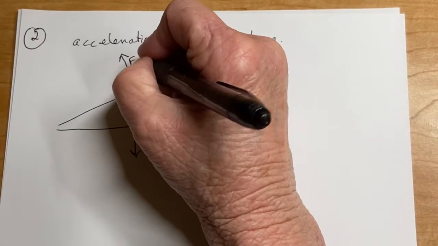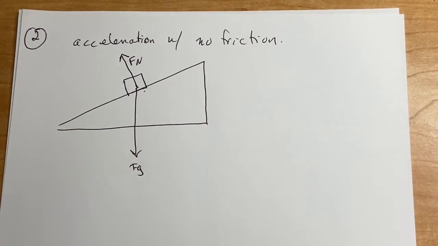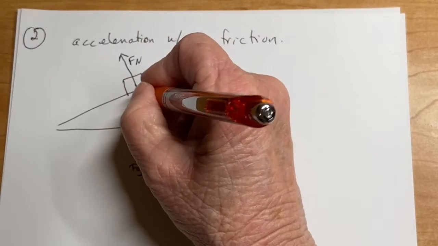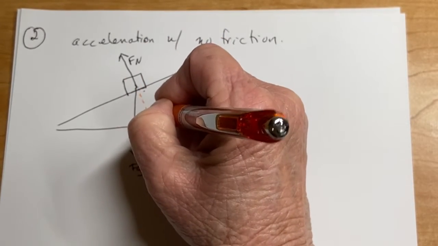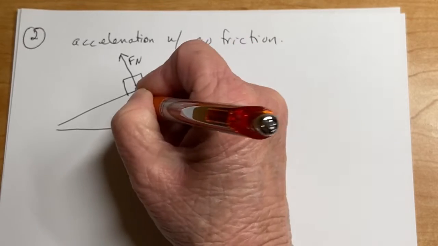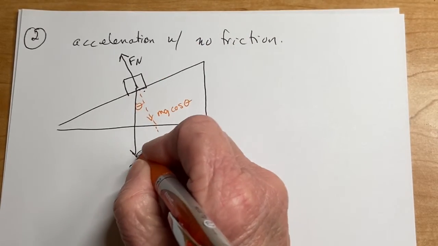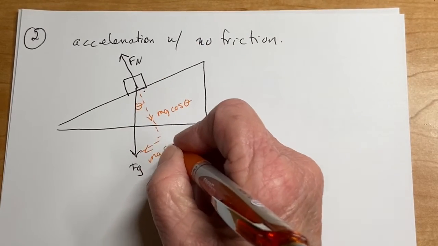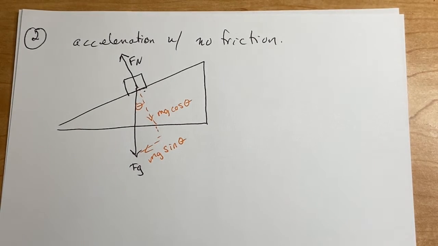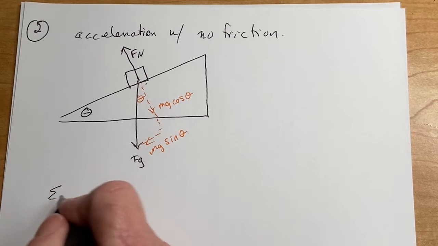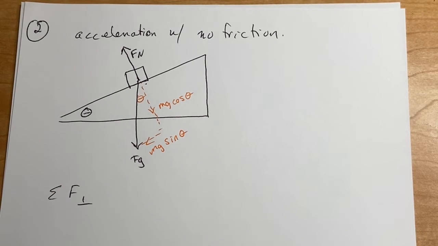Okay, so F normal, Fg. The components: mg cosine theta, and mg sine theta, parts of the gravity that pull it down. I'm not going to redraw the free body diagram. Let's do the summation of the forces perpendicular.